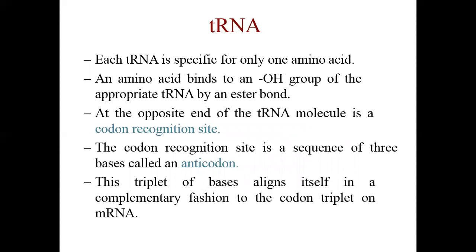The tRNA is specific for only one amino acid, and the amino acid binds to an OH group of the appropriate tRNA by an ester bond. This OH group is present only on the CCA portion, which I have already shown you at this portion. And at the opposite end of the tRNA is the anticodon site or codon recognition site, and this triplet of bases aligns itself in a complementary fashion to the codon triplet on the mRNA.